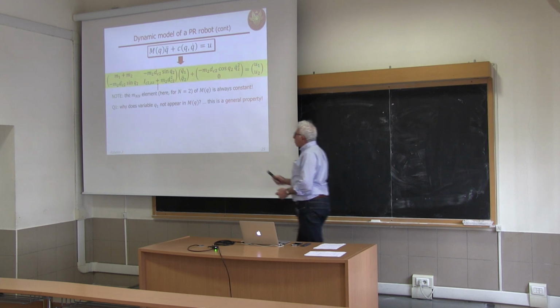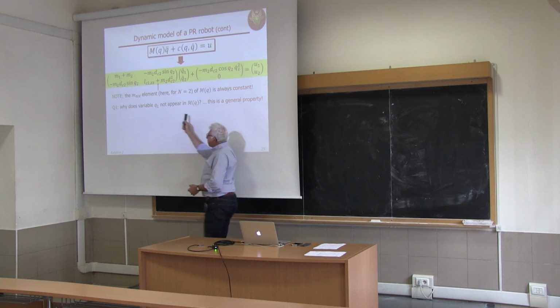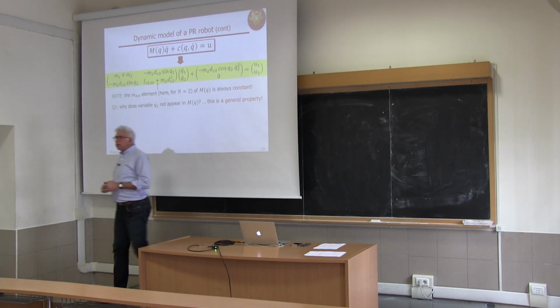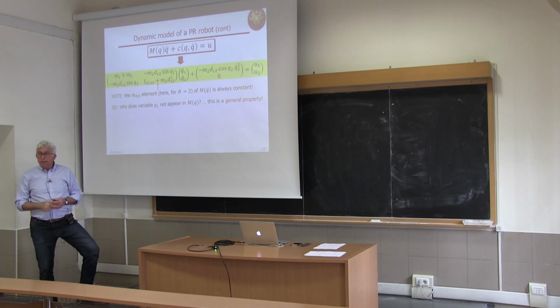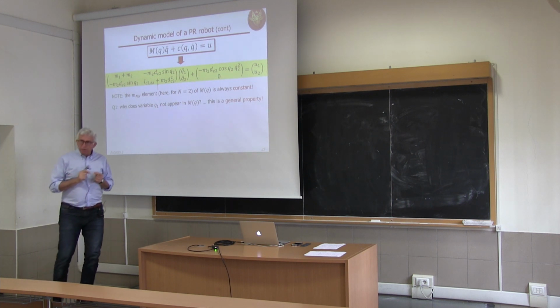So we said that when a variable does not appear in the kinetic energy, so in the inertia matrix, this variable is a cyclic variable for the system. So q1 will always be a cyclic variable. Pay attention: q1 does not appear in the inertia matrix, but q1 dot is important for the kinetic energy of the structure.